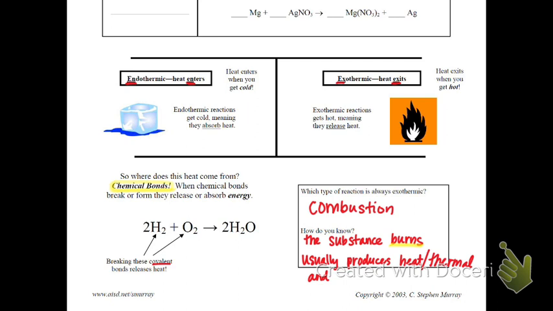What else do we use a fire for besides warming up? That uses the heat part. So combustion is usually hot and produces light. Any questions about these types of reactions?